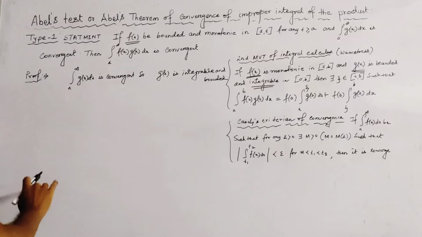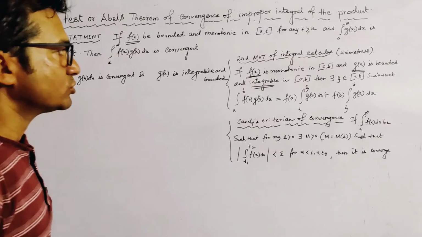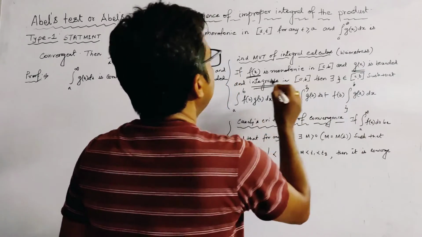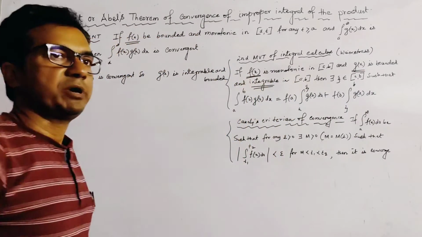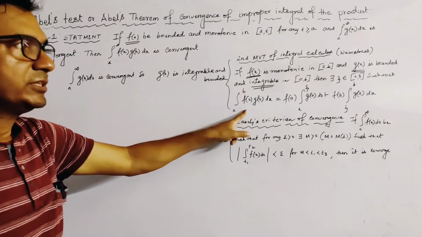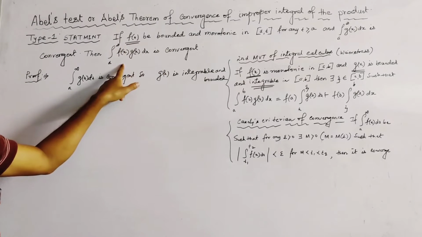Otherwise this integration is not possible and this is not convergent. So the second condition, that g(x) is bounded and integrable, is also satisfied. So we apply the second mean value theorem for this function also.